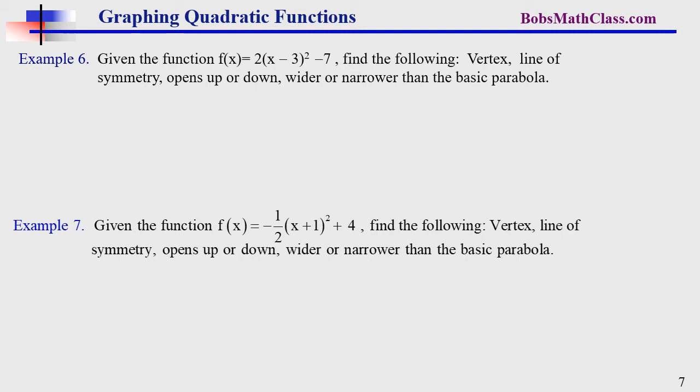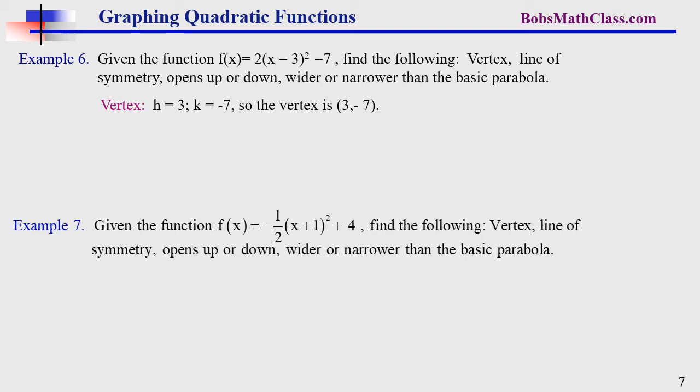So remember what I said about parentheses, opposite of the number inside the parentheses and the same outside. So what is our vertex? Good. Positive 3, it's always the x value first, positive 3, and then the same number on the outside, -7. So our vertex is positive 3, -7.